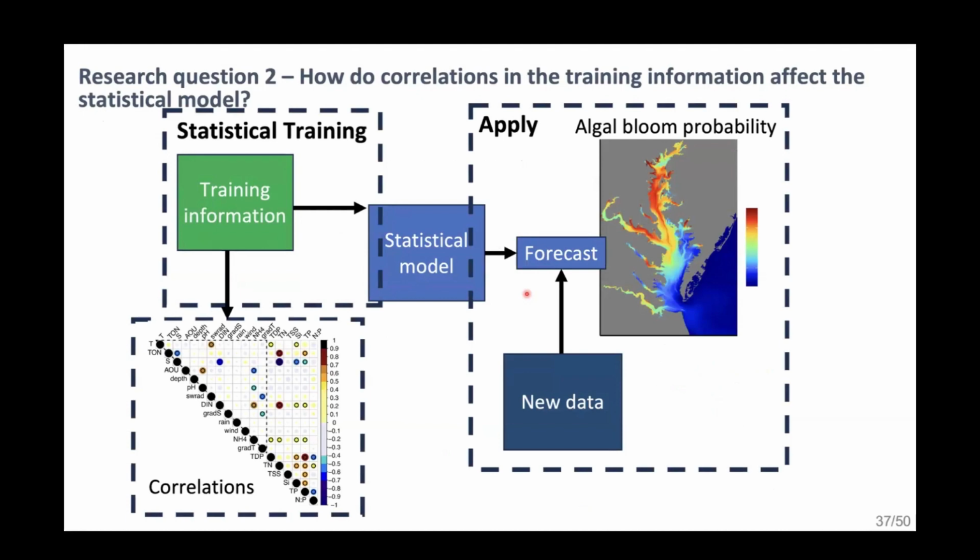This is a well-known problem in the literature because it may inflate the statistical variability in your statistical model parameters. And if you change the statistical model parameters, this may affect the accuracy of your forecasting. So that's why we are interested in this problem.